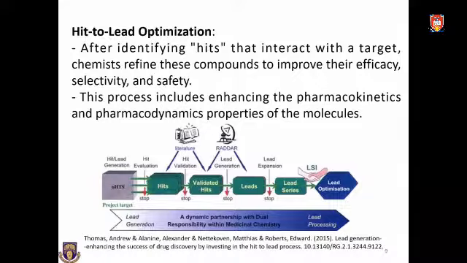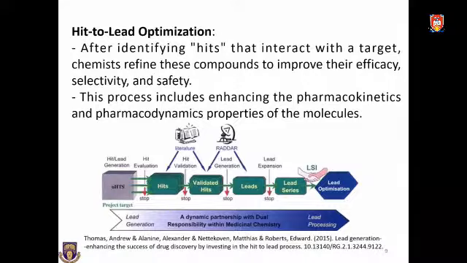So once we have identified a hit compound, we generate its derivatives, compounds that are similar to it, and then we try them. But unfortunately, some of them will fail. And when they fail, we just put that aside. We continue with only the one that passes.